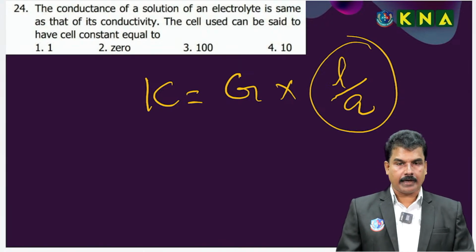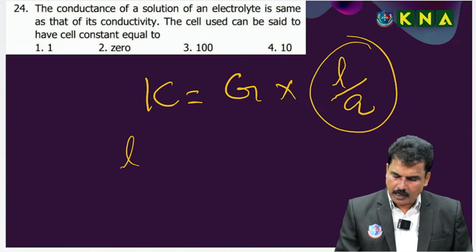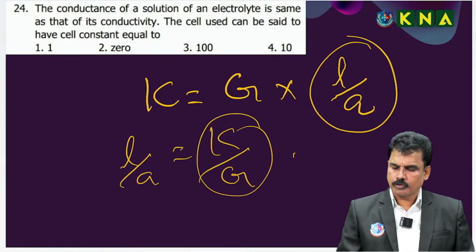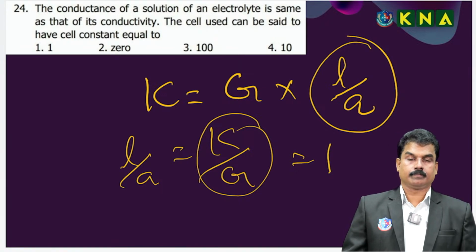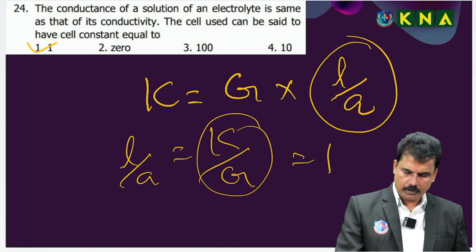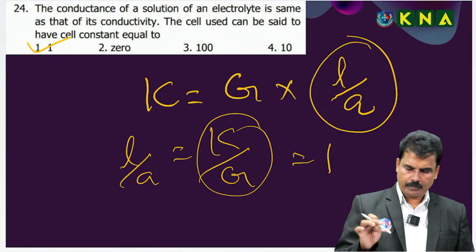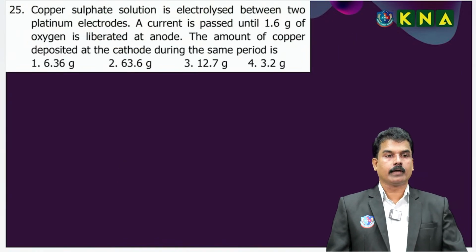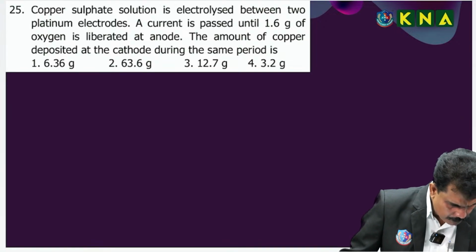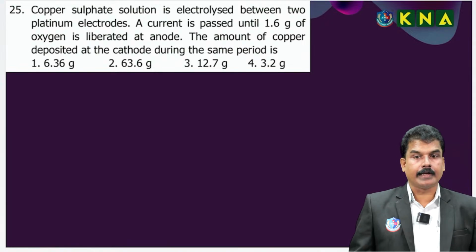Kappa and G are the same, so L by A, which is kappa by G, becomes equal to 1. K and G are the same, as mentioned in the question. Okay, now we can move to the next question. Are you getting the idea now?